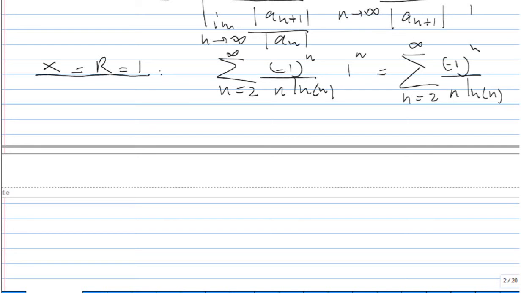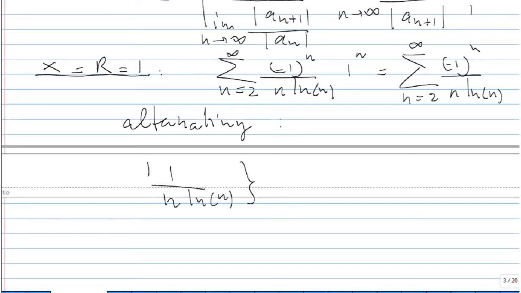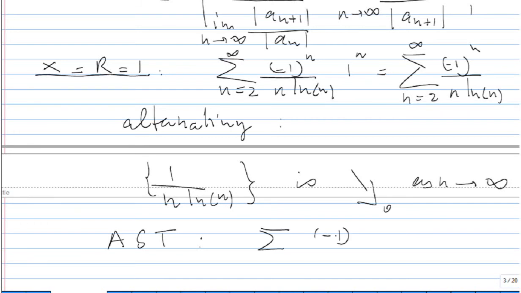Here I can see that the series is alternating, and therefore I can look at 1 over n natural log of n. It's very easy because n times log n is increasing and goes to infinity. Therefore, this sequence is decreasing and it goes to 0 as n goes to infinity. So now we can use the alternating series test, which tells us that this series is indeed convergent.